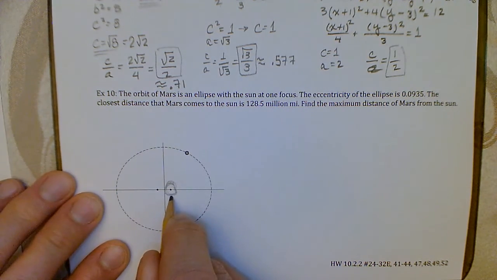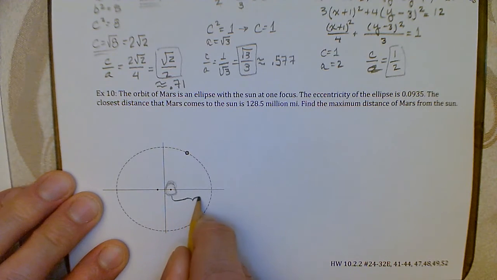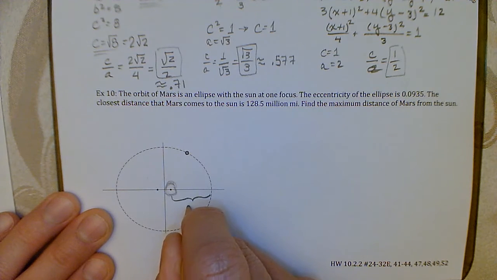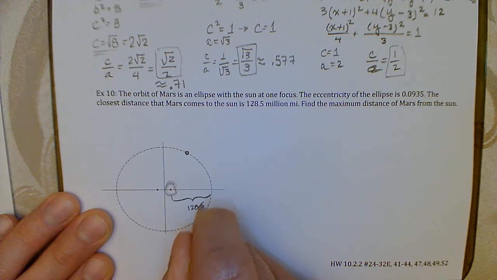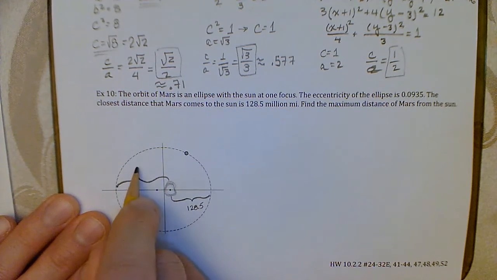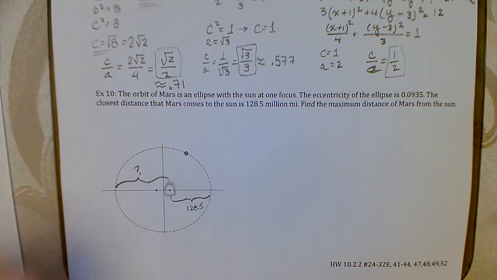So we know that distance is what they gave us, and they want us to find the other distance. That is what we're looking for, again assuming center to center.